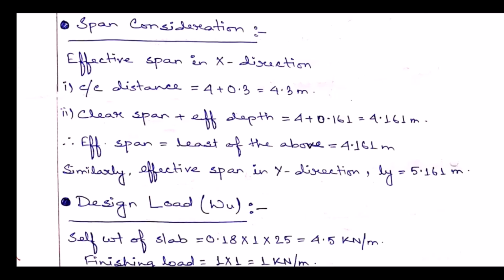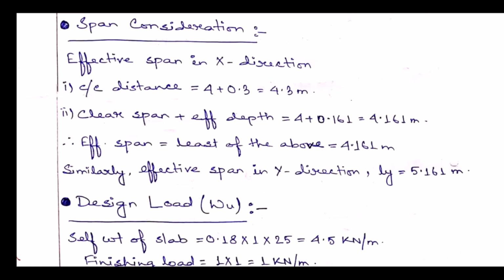This 0.3 meter, that means 300 mm, is the width of wall, that means width of support, which is given in question. So that is equal to 4.3 meter, or clear span plus effective depth. So clear span is 4 plus effective depth as per calculation is 0.161 meter. So that is equal to 4.161 meter.